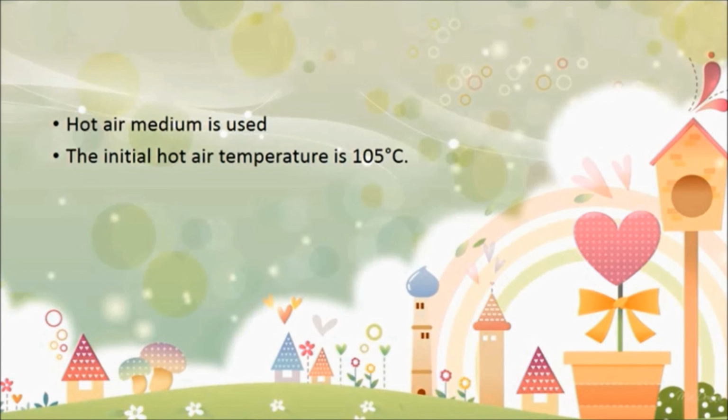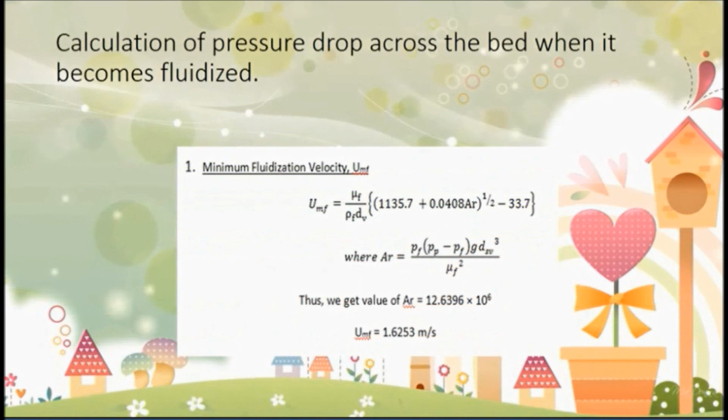Temperature range is from 100 to 150 degrees Celsius, and the assumption of the initial hot air temperature is 105 degrees Celsius. The design of the dryer was verified by the calculation of pressure drop across the bed when it becomes fluidized.